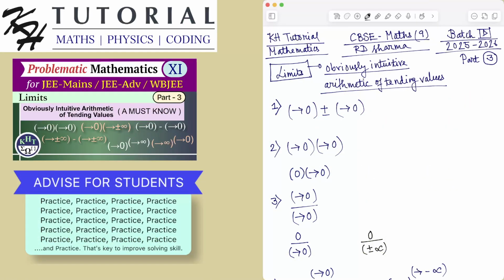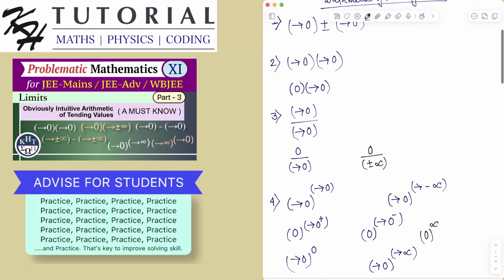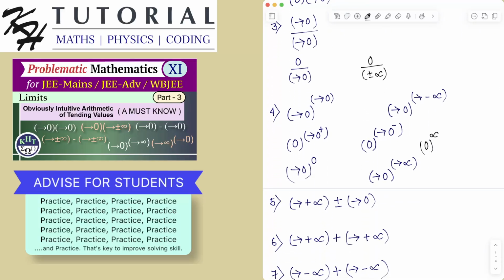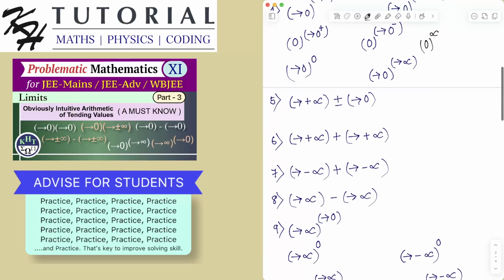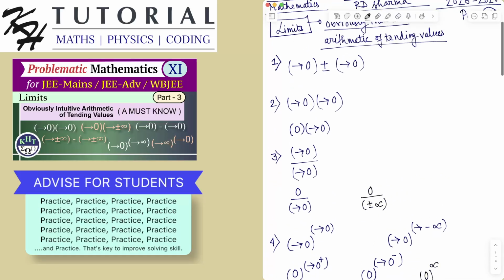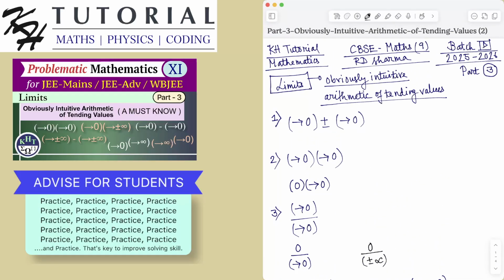Okay, so I have written down all the arithmetic operations between two tending values, but we need to be cautious when those values are exact values. What happens when the values are tending and when the values are exact? As you can see, most of the values are tending. The notation I have used means a value which is tending to 0.